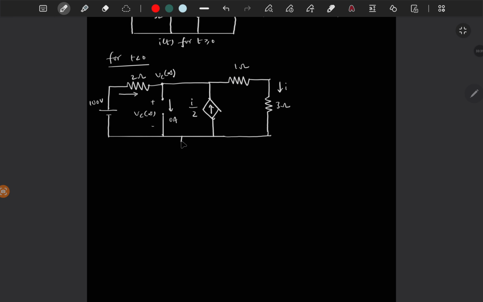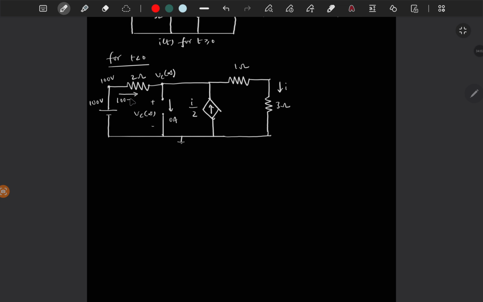So I am taking the reference as this node. So this node voltage is Vc of infinity, and this node voltage is 100 volt. Then the current flowing through this 2 ohm resistor is the potential difference across the two nodes divided by the resistor value, right?